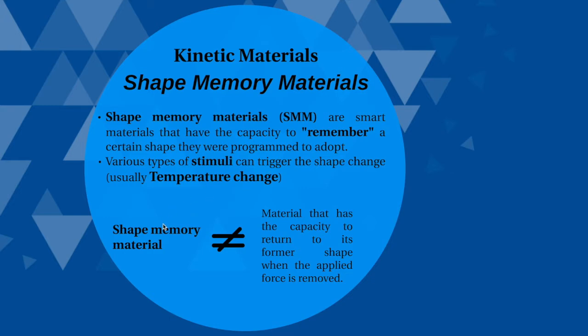And then the important thing here, the shape memory material is not the same as a material that has capacity to return to its former shape when the applied force is removed. So if you apply some force to some plastic or maybe some steel or metals, the force makes the material bend elastically.